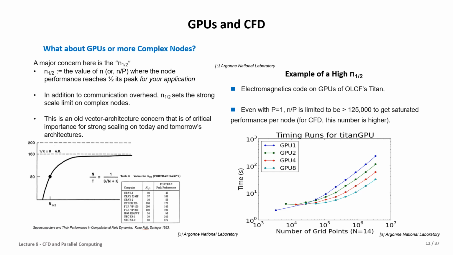And this is an example to display the effect of GPUs in CFD. Let's look at the concept of n sub half, which is available in CFD simulation. It's related to the time between the nodes, when the value of n sub half is presenting the performance reaching half of its peak for your application.